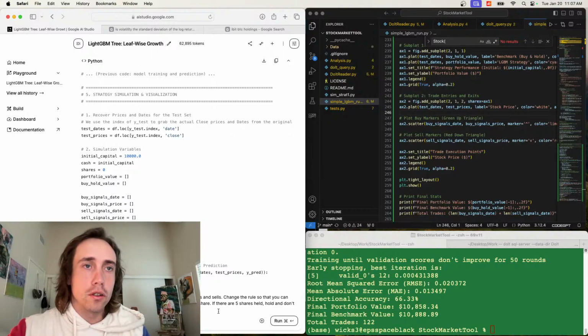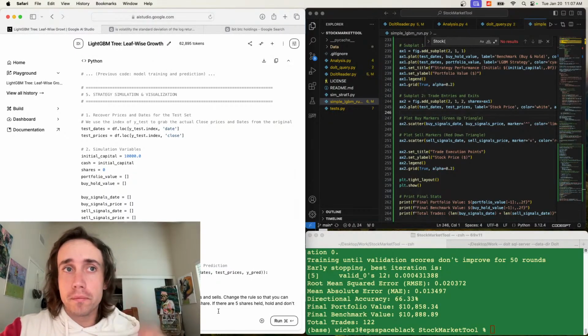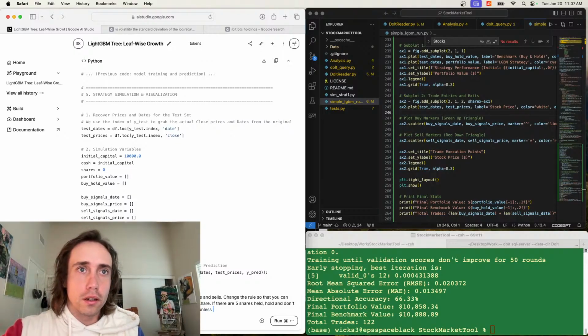Each sell signal, you should sell a single share unless there are none, in which case you should do nothing.